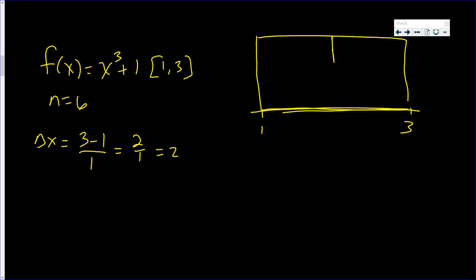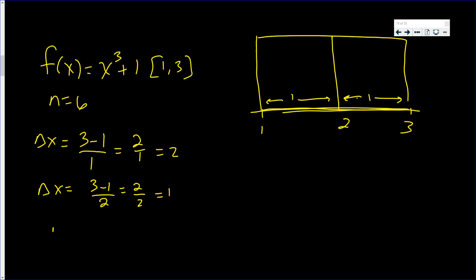Now, if you put 2 rectangles, then delta x, the length of a base, will be 3 minus 1, which is still 2, and now we're dividing it by 2, which is 1, which makes sense. This will be 1 unit, and this will be another unit length.